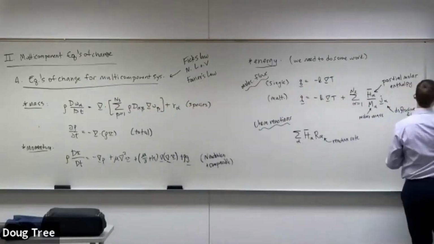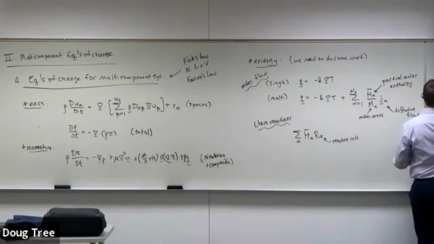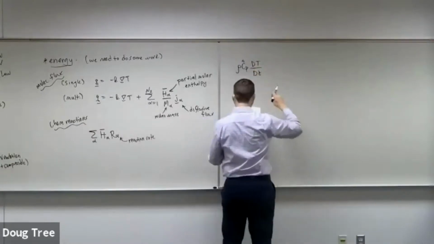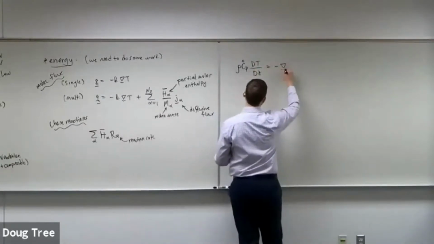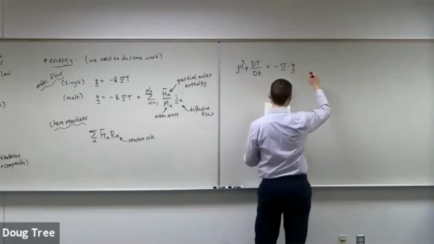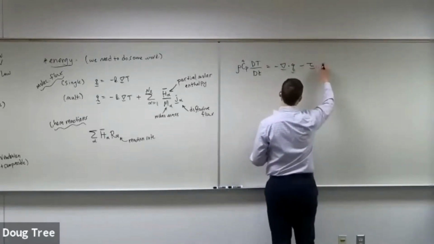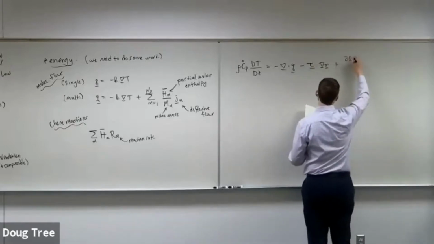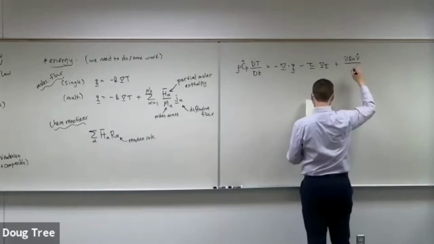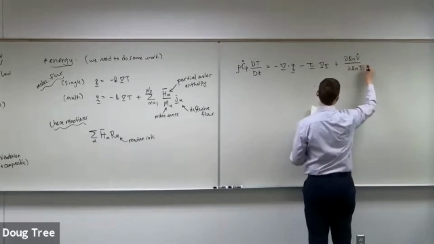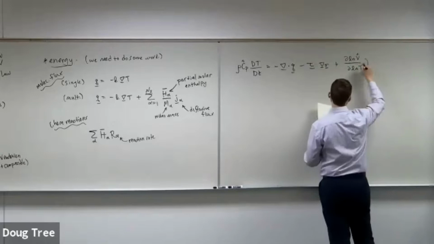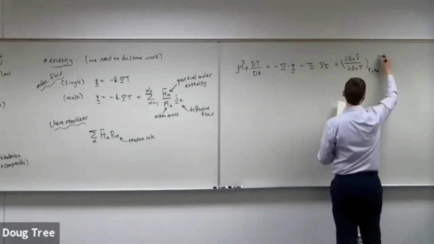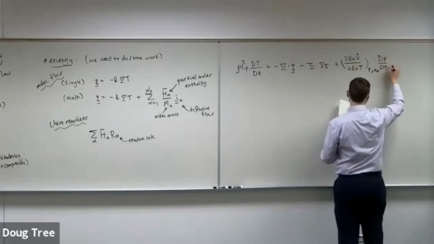So in the end, those terms all come together to give us this: rho C sub P hat, big D T, D little t, is equal to minus grad Q minus tau double dot grad V plus, and it gets rewritten a little bit here for a mixture, d log V, d log T at constant P and X alpha, dP dt.